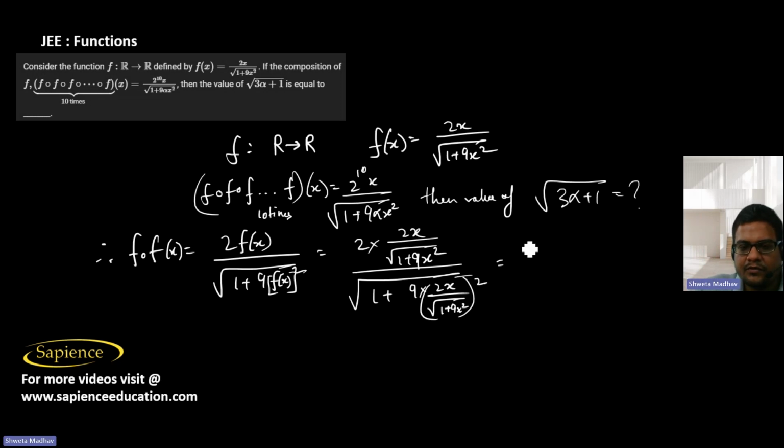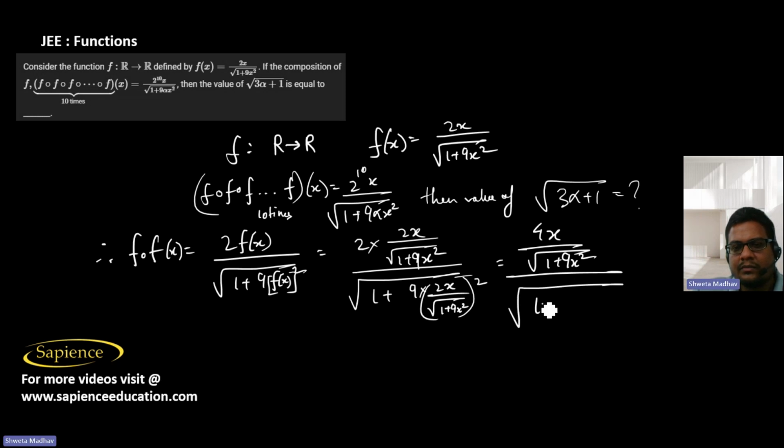So this will be 4x divided by square root of 1 plus 9x square divided by square root of 1 plus, 4 nines are 36, 36x square by 1 plus 9x square.